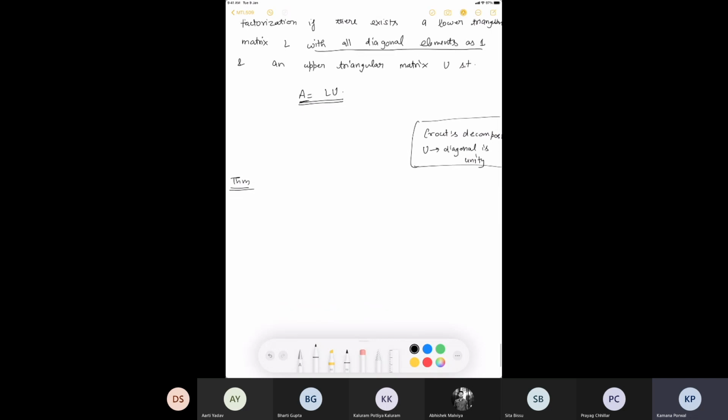That is the only requirement we need on the matrix A. So let n be greater than or equal to 2 and A be an n by n matrix, which is such that all of its first n minus 1 leading principal minors are non-zero.